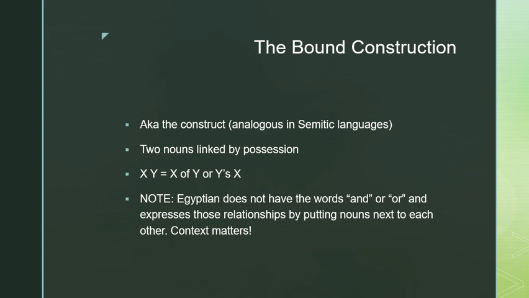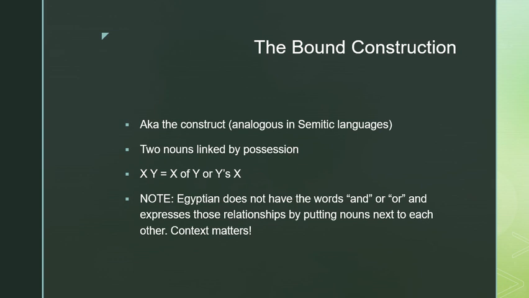One thing to be careful about is that this is exactly the same way Egyptian expresses "and," because there's no words for "and" or "or." Egyptian just doesn't really have coordinating conjunctions. So they express that relationship by just slapping the nouns next to each other. This is occasionally confusing.